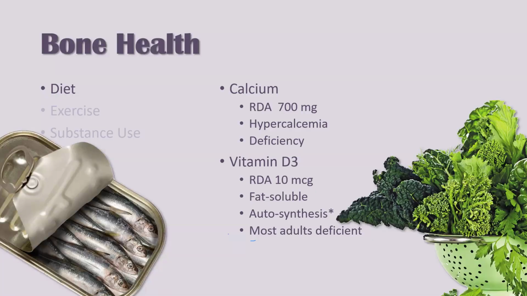Since it is a key component of cellular function, if there is not enough calcium in the diet, the body will instruct the osteoclasts to break down bone tissue to release the calcium into the bloodstream to make up for that deficit. While this is okay as a short-term fix, when this happens chronically, it can lead to conditions such as osteoporosis, which I will discuss a little bit later on.